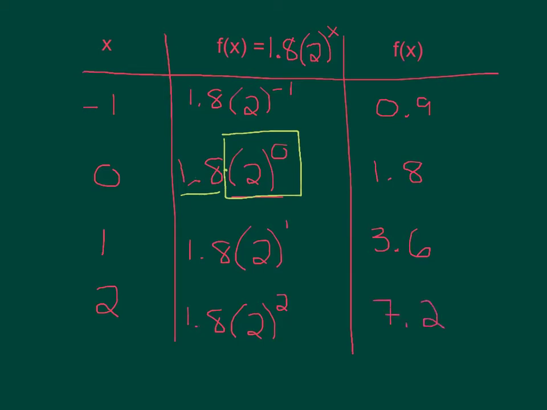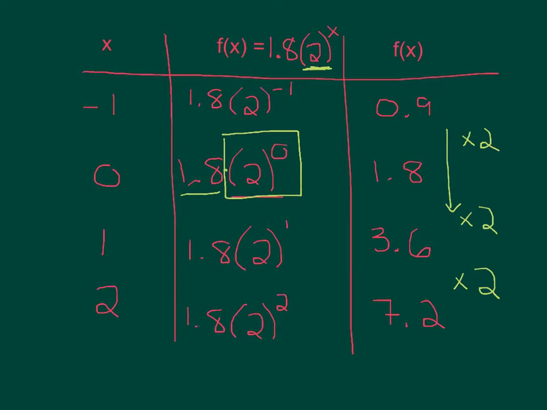So now, after looking at this function table, I want you to notice how do these values increase? If you look, they are being multiplied by 2 each time. They're doubling. And now go back to your equation. Do you see the number 2 anywhere? Right there.